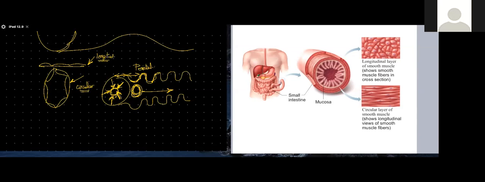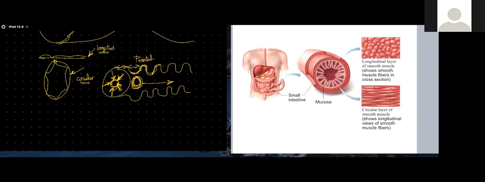This is the general rule. When you study the gastrointestinal tract later on, if you're taking AP2, you're going to learn that there are many exceptions to this general rule. But generally speaking, outer longitudinal, inner circular muscle layer.